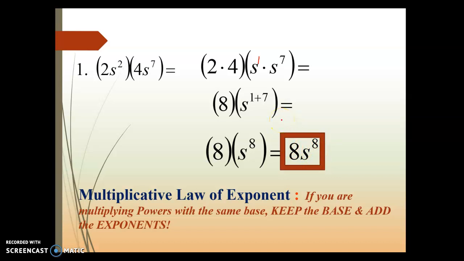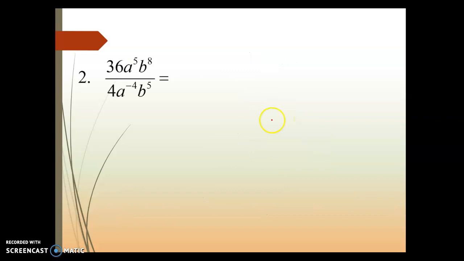Okay, let's proceed to another example. This one, 36a raised to 5 b raised to 8, all over a raised to negative 4 b times b raised to 5. So here, what law can be applied?